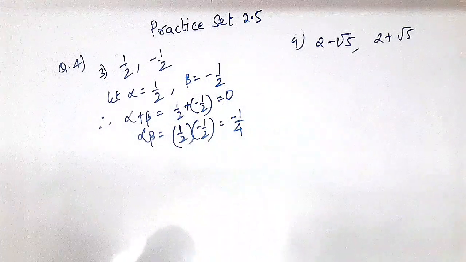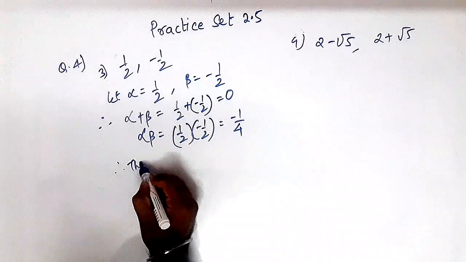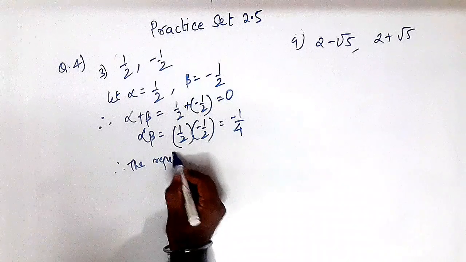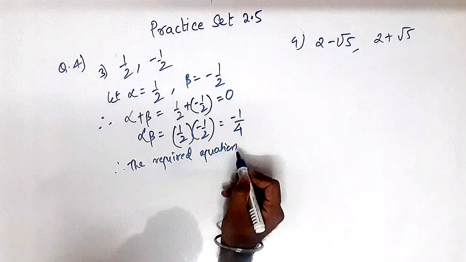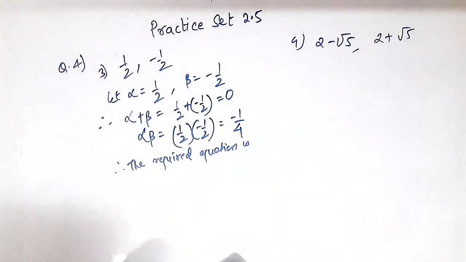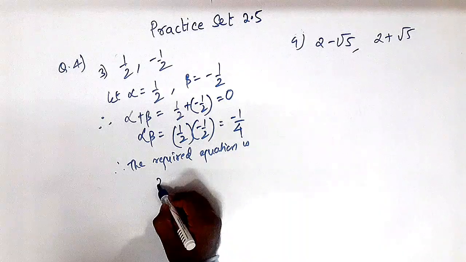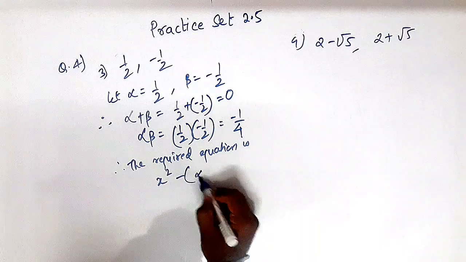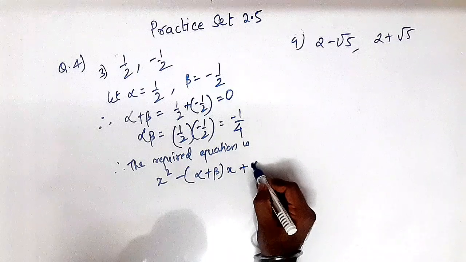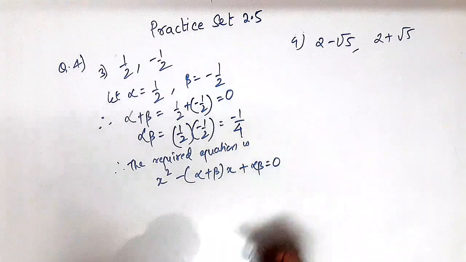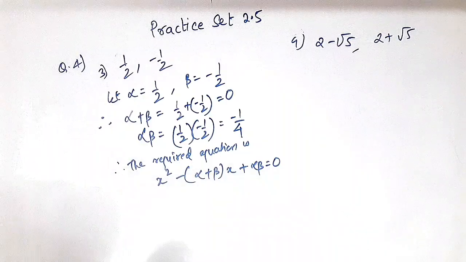Okay, therefore the required equation is x square minus the sum of the roots into x plus the product of the roots equals to 0. This is the general form.